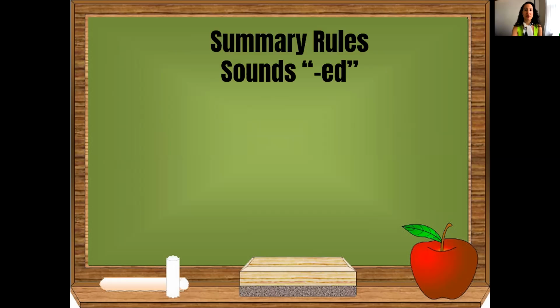Now, we're just going to go over some summary rules, okay? This is just a little cheat sheet to help you with the sounds. So, for example, the past simple tense, work, and past participle, worked, of all regular verbs end in ed, okay?